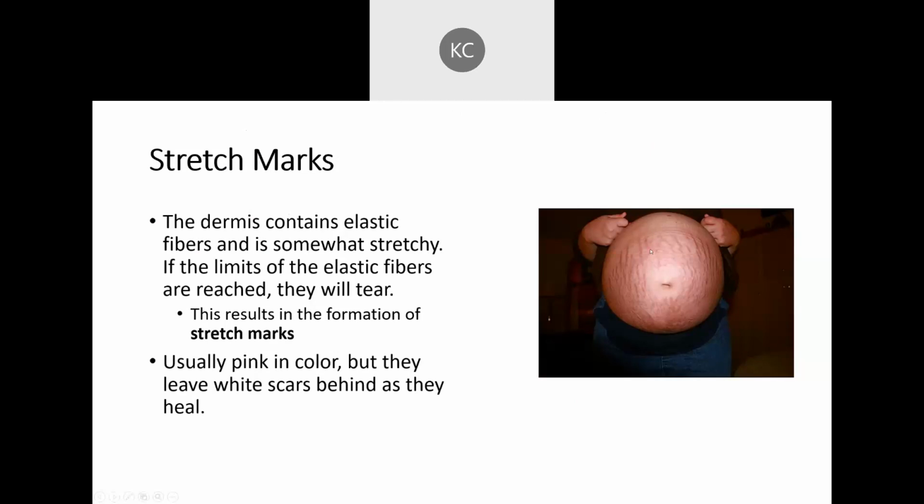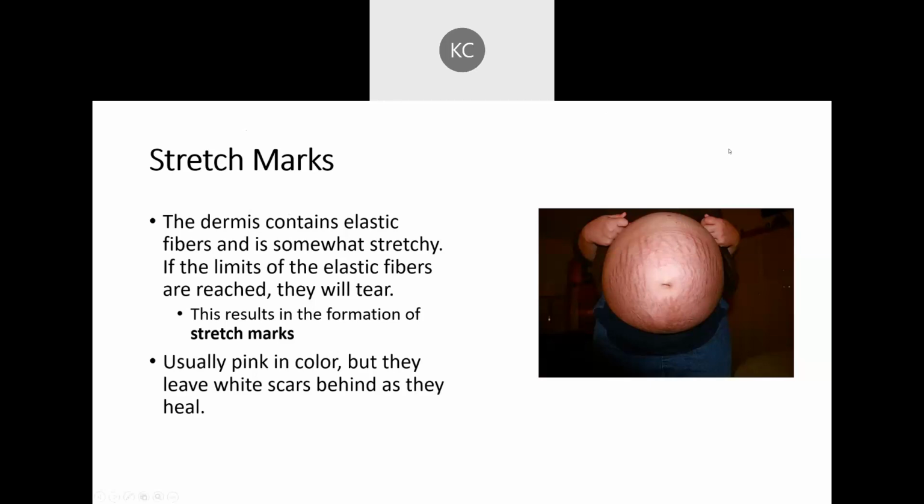And when that happens with elastic fibers, you get these things called stretch marks, right? A good example of this is what happens during pregnancy. Because of the rapid increase in weight and the rapid distension of the skin of the stomach, those elastic fibers stretch an incredible amount and ultimately tear and burst.